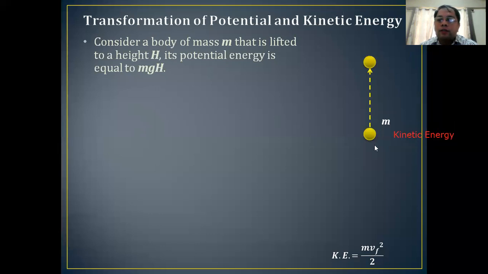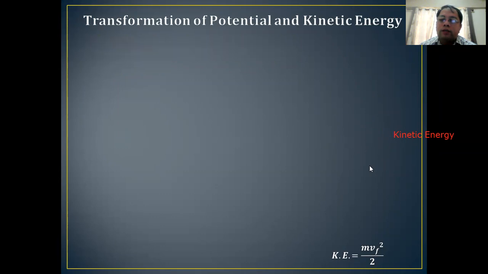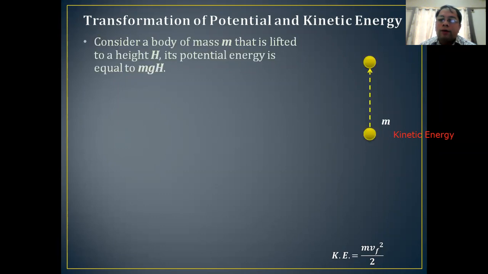Without the kinetic energy, this object will never go up unless you give it some velocity. So changing the velocity of that object will require you to give it kinetic energy. So that one will now go up once there is kinetic energy. But you'll realize that as it reaches the highest point, it will stop.